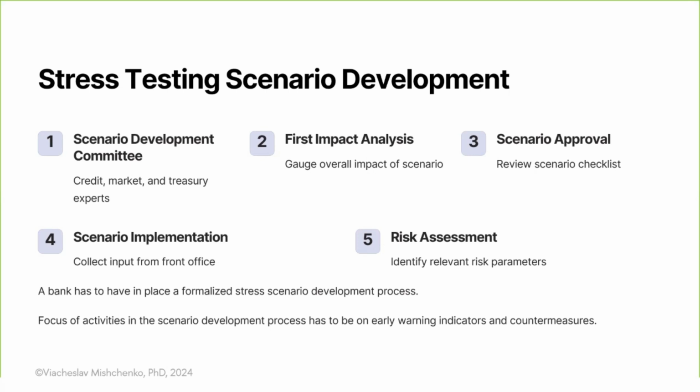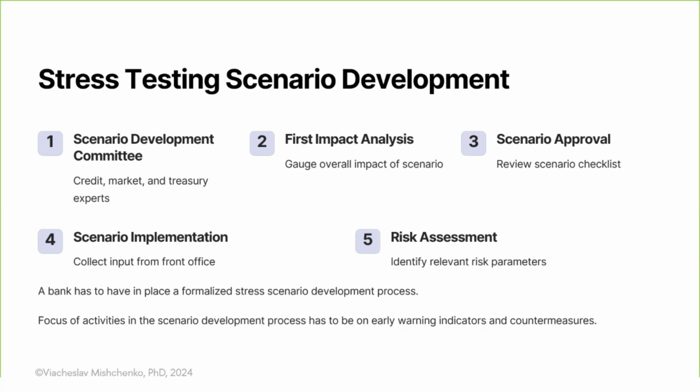Usually, the scenario development process isn't just about the scenarios themselves. It's about building institutional knowledge and risk awareness overall. The next thing is that this process should be iterative. So you run a scenario, learn from it, refine it, and run it again.